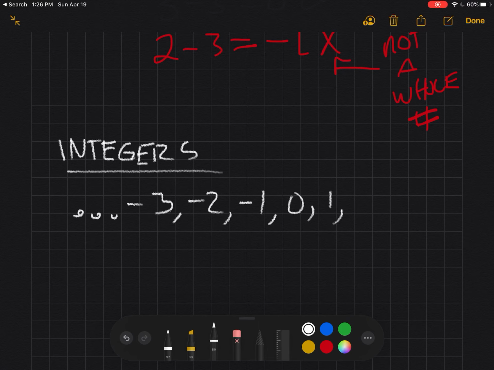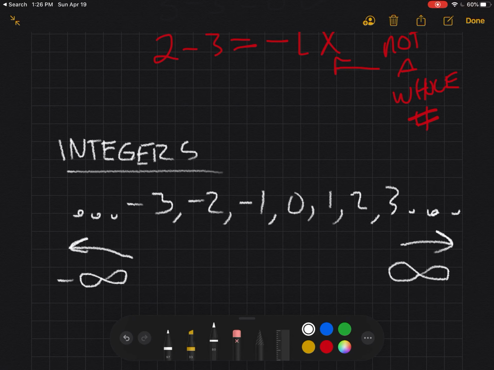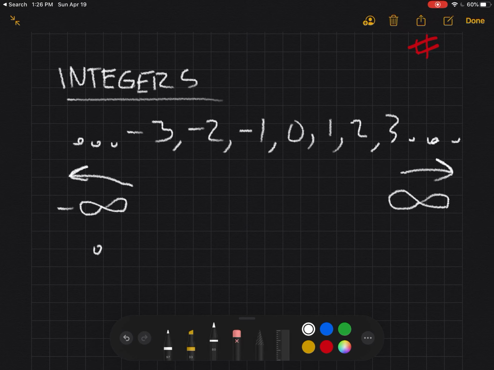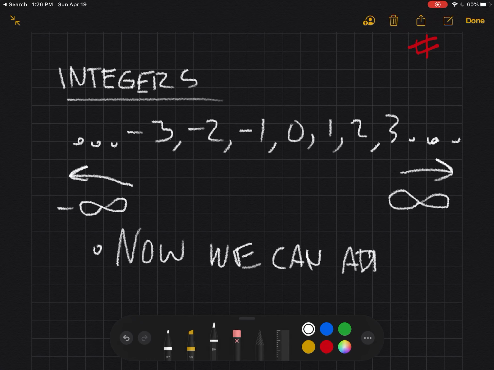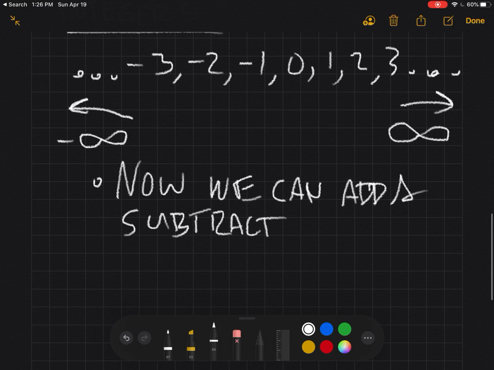But no sweat. We've got more numbers out here that can solve this problem for us. We have integers. So integers, we add negative numbers into this. -3, -2, -1, 0, 1, 2, 3, and now I have these two. This one's saying keep going to negative infinity, and this one's saying keep going to positive infinity.